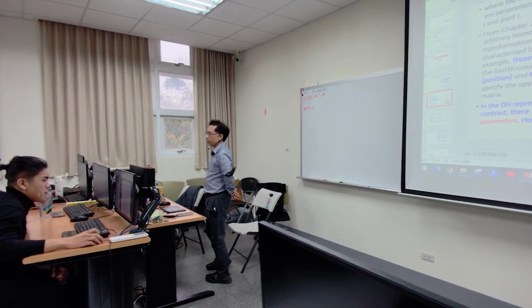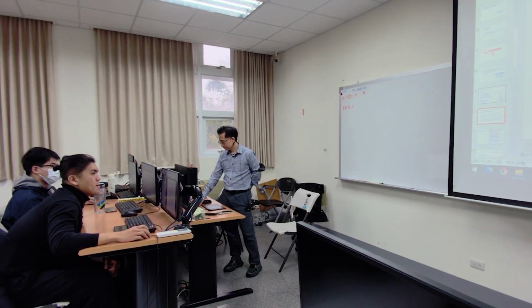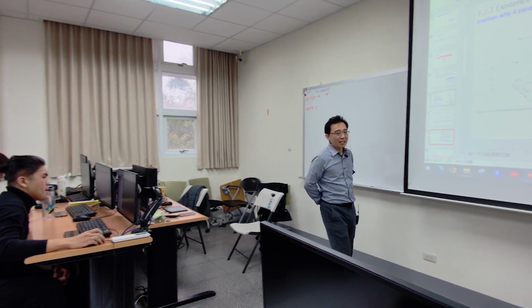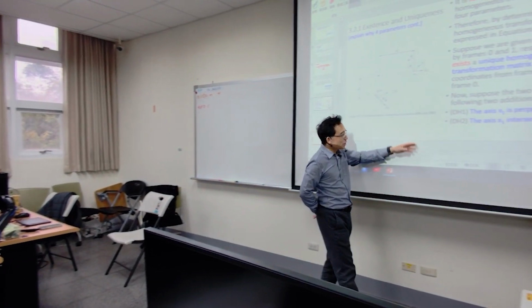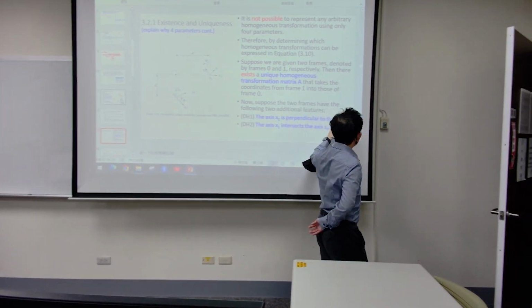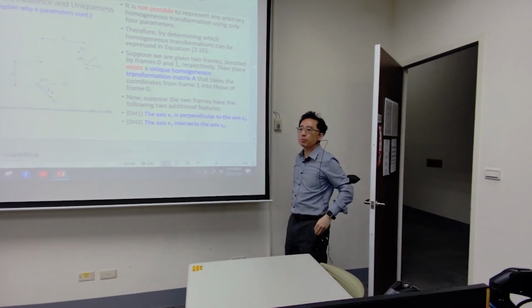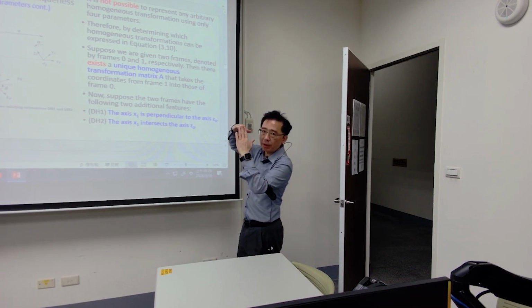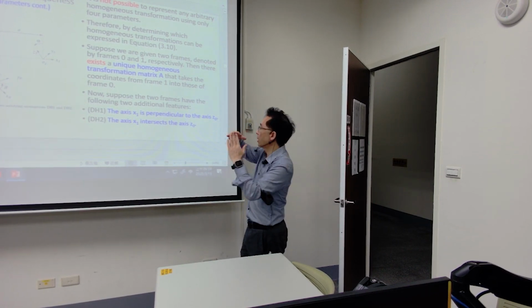Why do they want to do that? The bottom one is the assumption for DH. The x-axis x1 is perpendicular to the previous axis z0. Must be perpendicular. 垂直啊, okay.